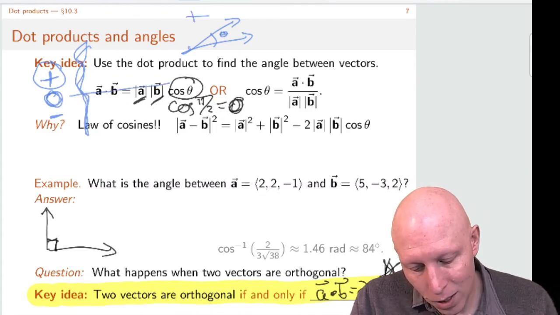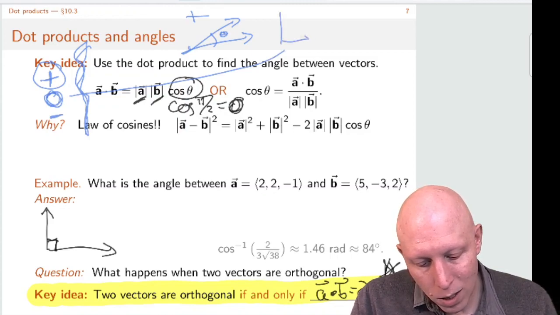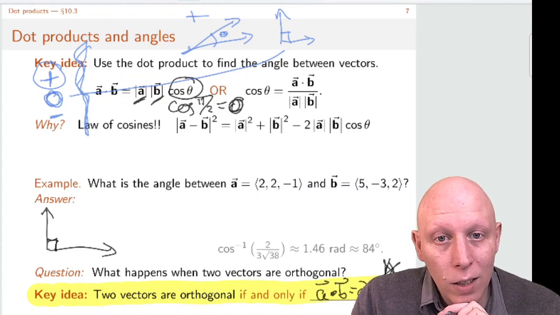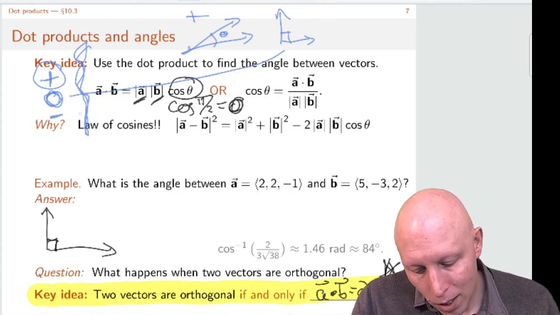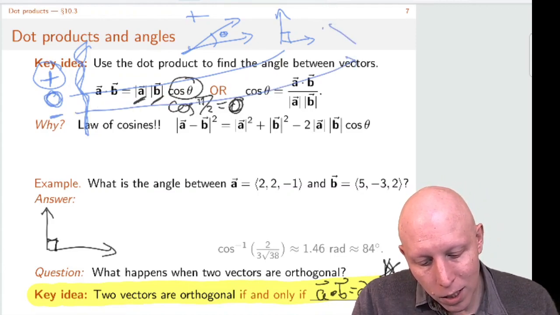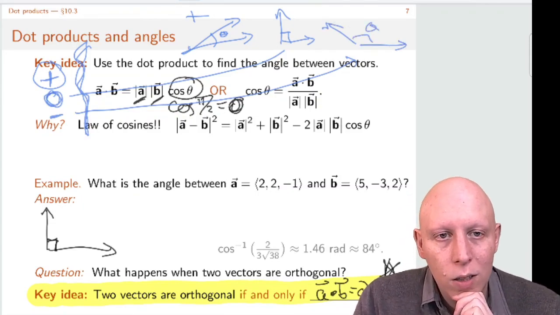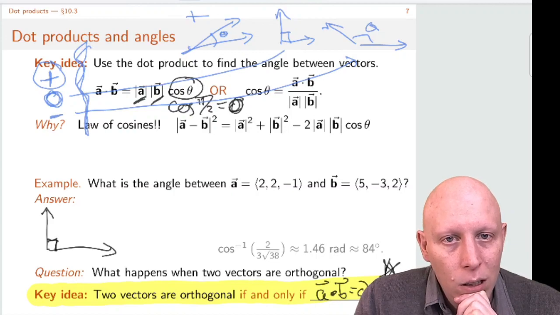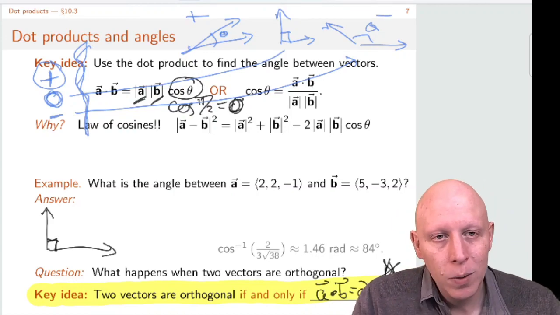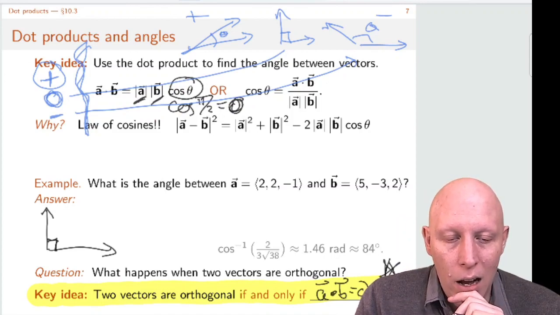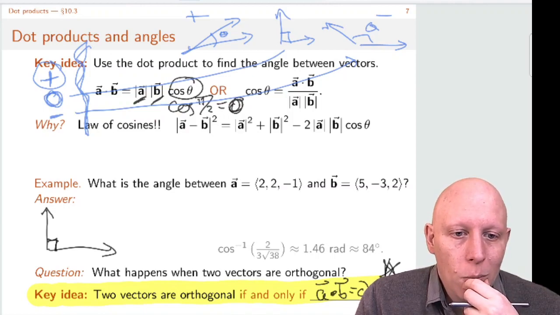If the dot product is 0, then the vectors have a 90-degree angle between each other. And if it's negative, then you have an obtuse angle between the two vectors. So that's what the dot product means in a geometric way.